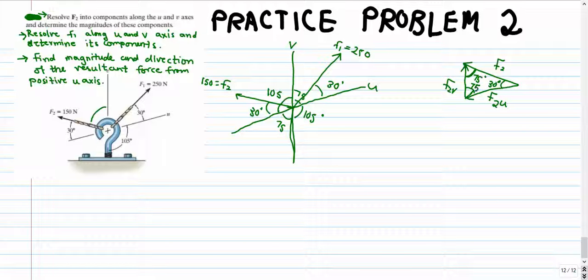Now that we have all our angles and we have the length of one side, which is the resultant side, F2 equals 150 newtons, we can simply apply the sine rule and find the length of the other two sides.